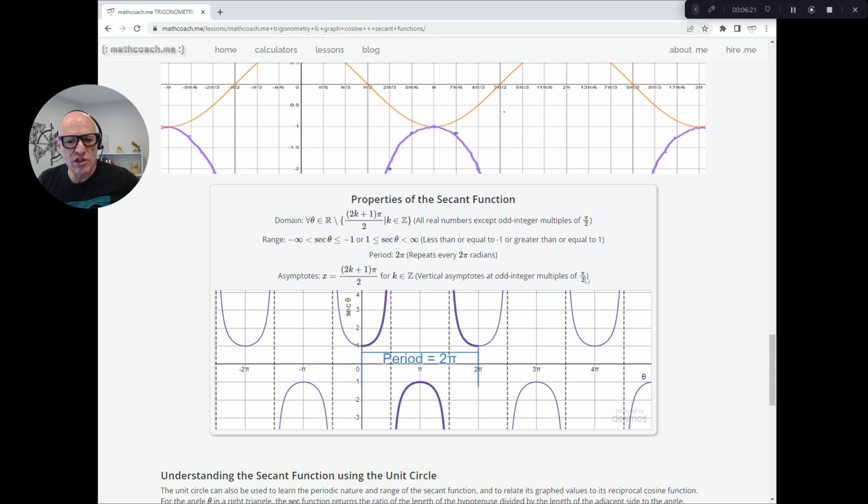The range is from +1 to infinity, wherever the secant function is positive, wherever the cosine function is positive, and it is from -1 to -infinity, wherever the secant function is negative or the cosine function is negative.